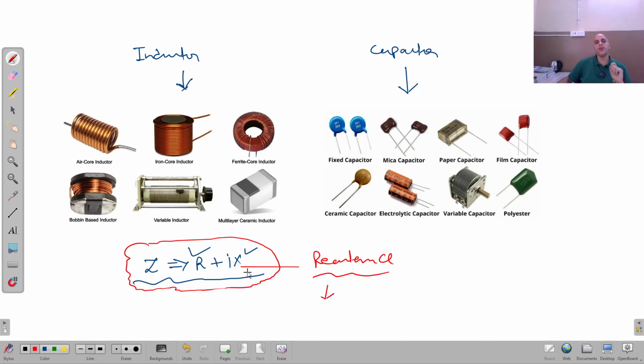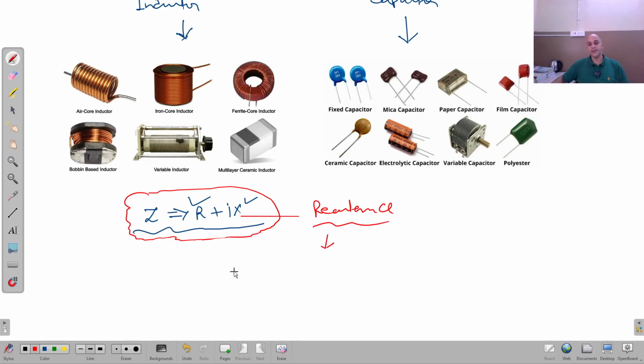So if I talk about the reactance of a capacitor, we know very well that the capacitive reactance is equal to 1 upon 2 pi f C, right? This is the value of capacitive reactance. We write it as Xc. I'm not taking j here; in some books you can find j here. So 1 upon 2 pi f C.